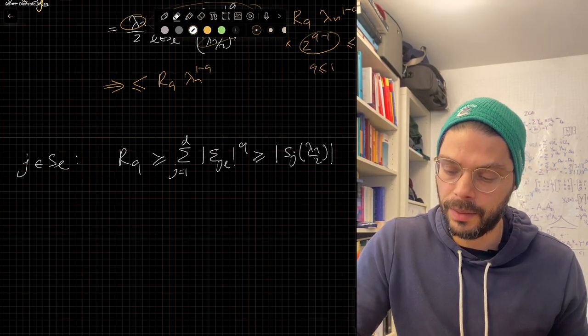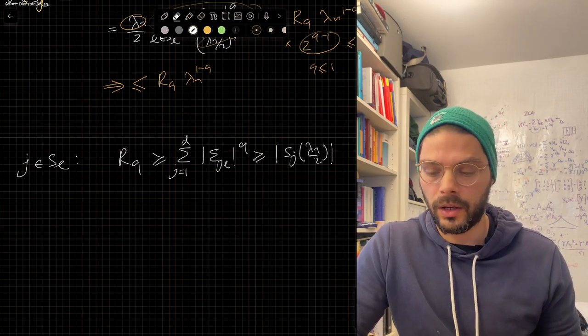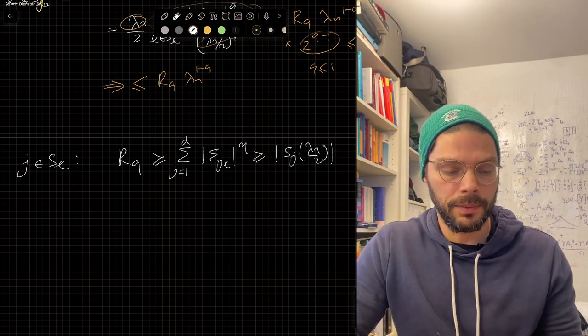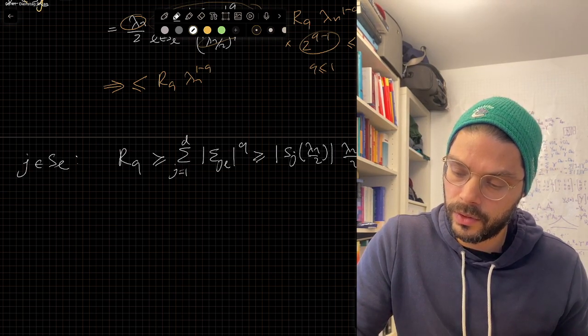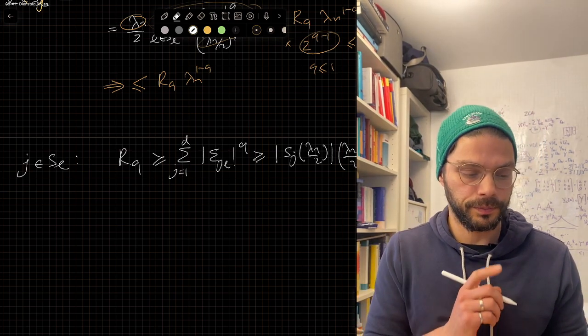And we know that the elements of sigma JL are all less than or equal to lambda n over 2. So this whole thing is just lambda n over 2 to the Q.